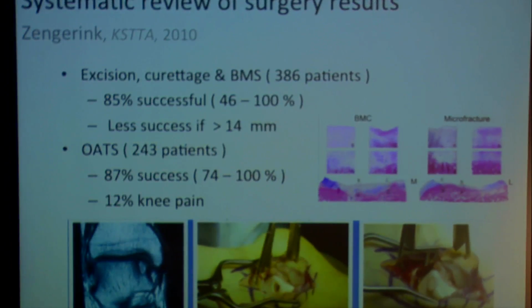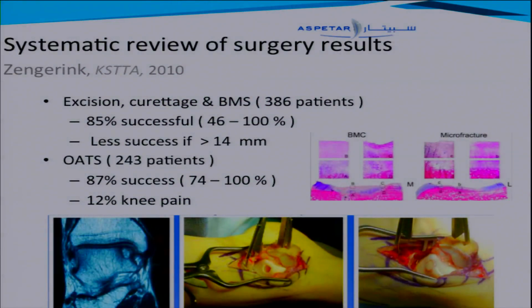Now, we won't go too technical, but what we want to know is the systematic review. And there is a nice review on the techniques to treat these kinds of lesions by Maartje Zengerink in 2010. It shows that excision, curettage, and bone marrow stimulation, let's say microfracture, has an 85% success rate if a lesion is below 14 or 15 millimeters.